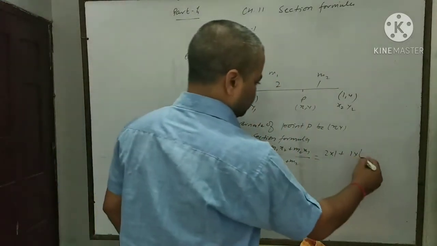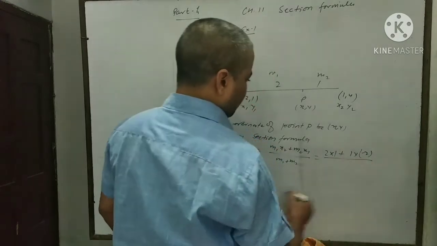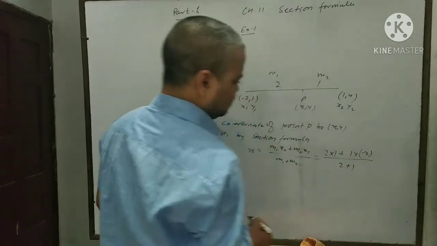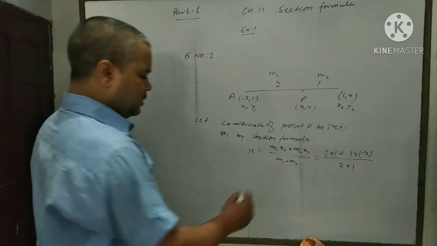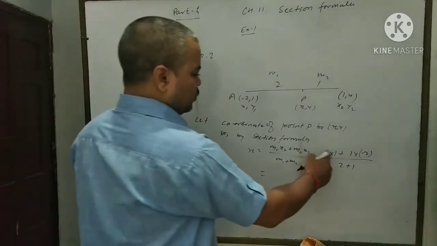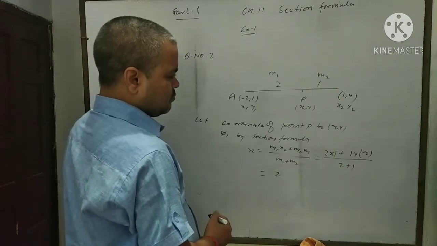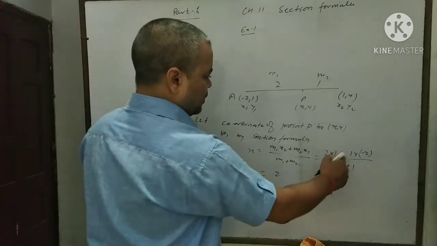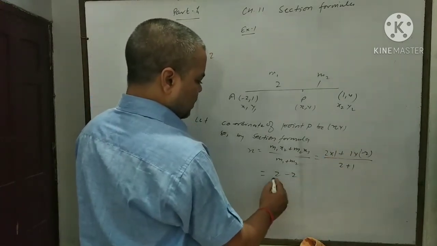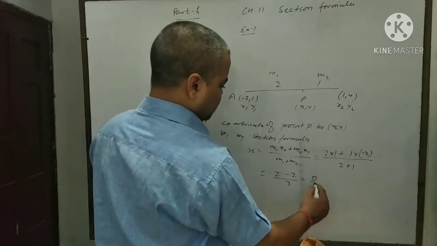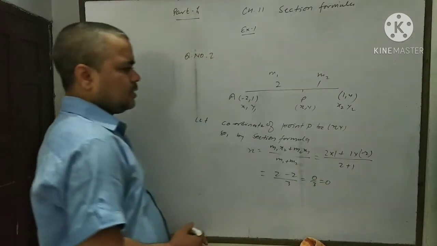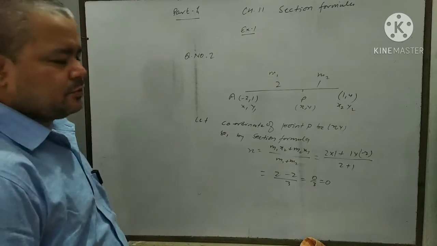That is -2, upon m1 plus m2 means 2 plus 1. So 2 into 1 will be 2 plus -2, by 3. It means 0 by 3 is equal to 0. Means its x coordinate will be 0.